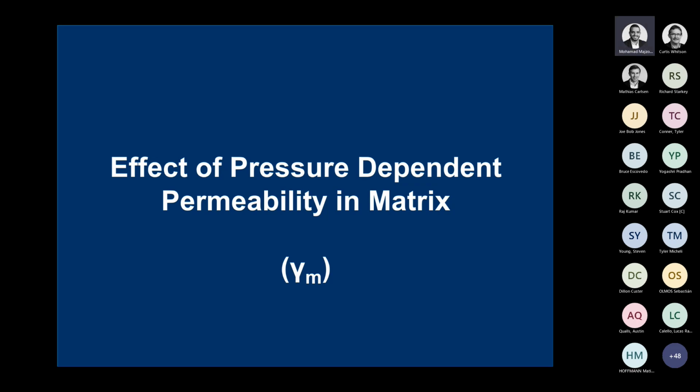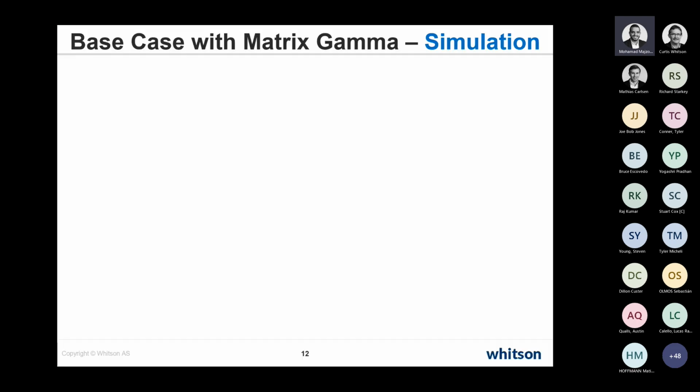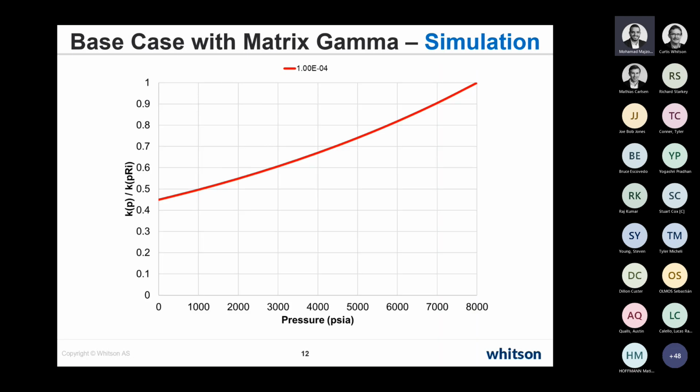To do that, we need to introduce this matrix gamma that many of you have worked with. But for those who haven't, what the matrix gamma does is that it's an exponent that will determine how your permeability will decrease with pressure.